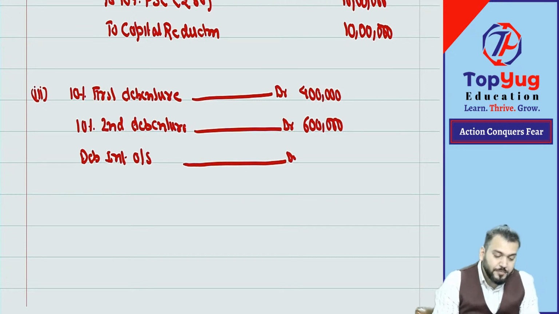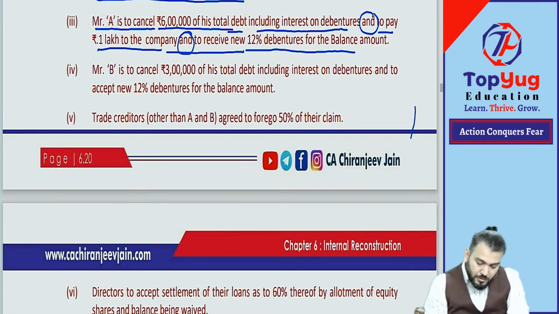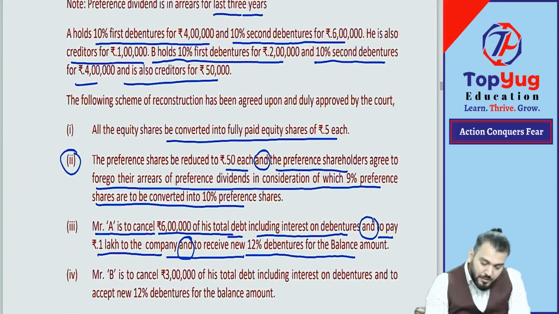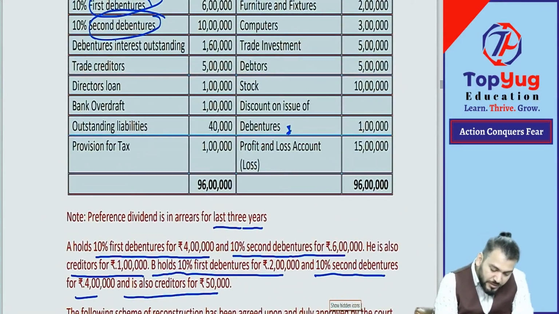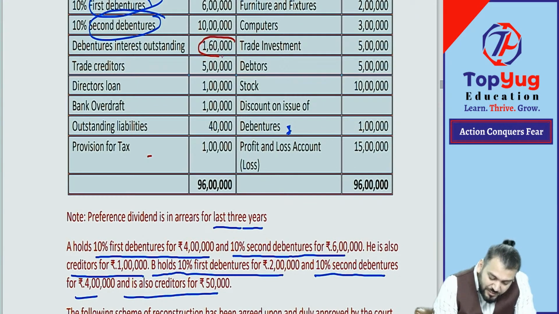So you can see debenture interest outstanding is coming 1,60,000 in the balance sheet. Correct now? So this debenture interest outstanding is 1,60,000. And this is 10% of 16 lakh.